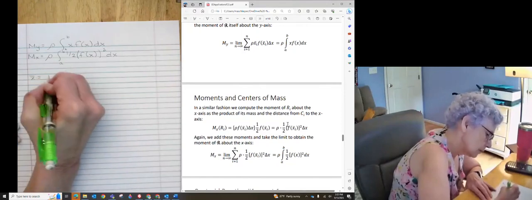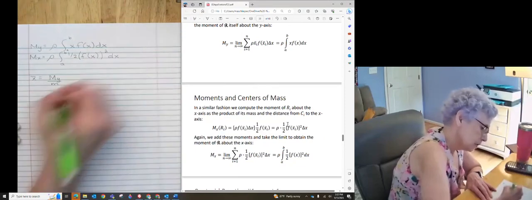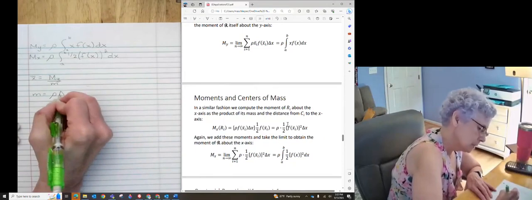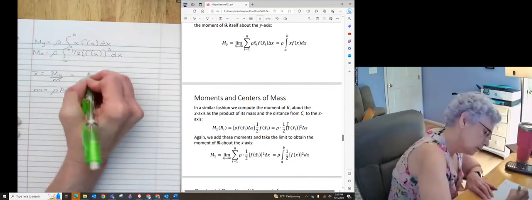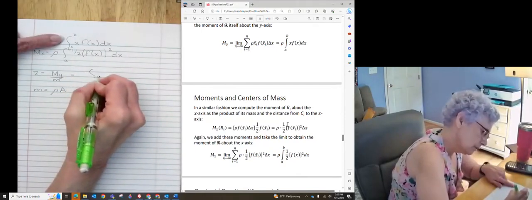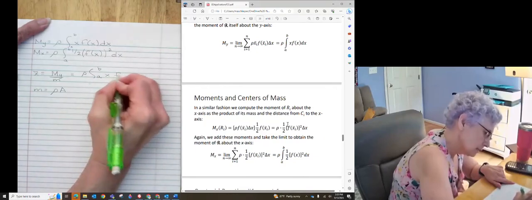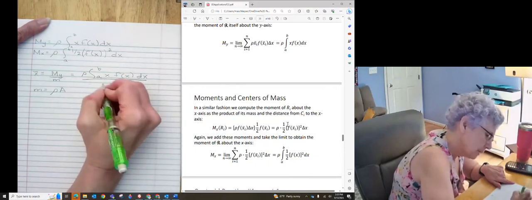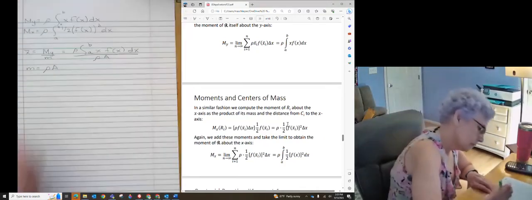Remember that x bar was equal to m sub y divided by the total mass. So the total mass is equal to rho times the area of the region. So this would be equal to the integral from a to b. I have a rho sitting up here with it, x f of x dx living on top of rho times the area.